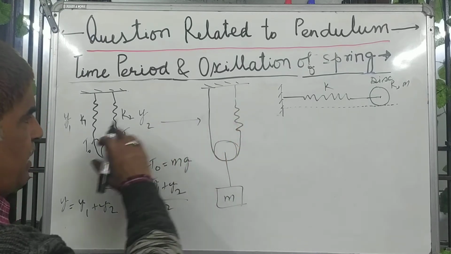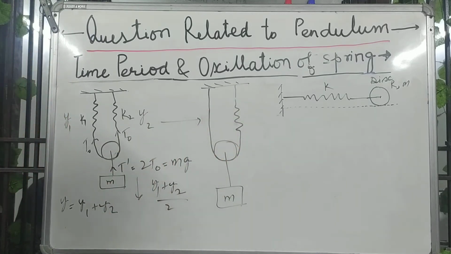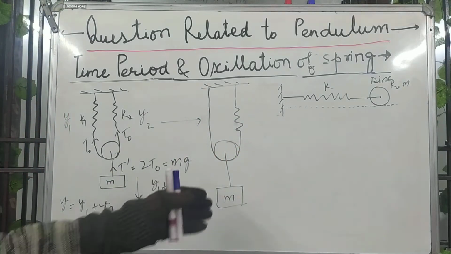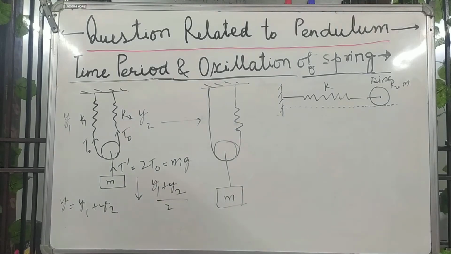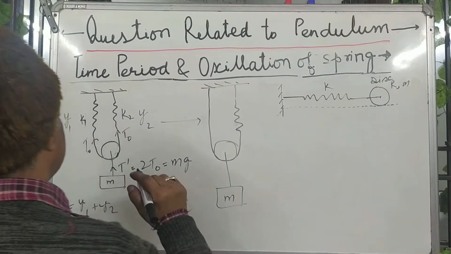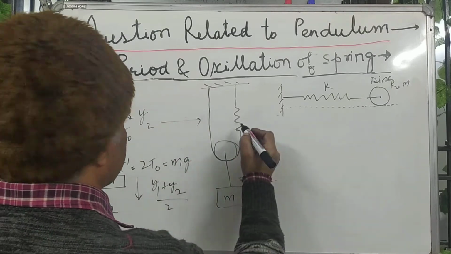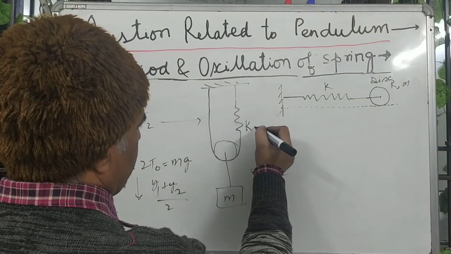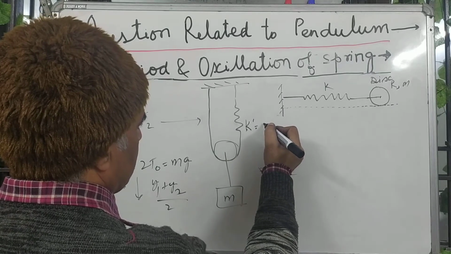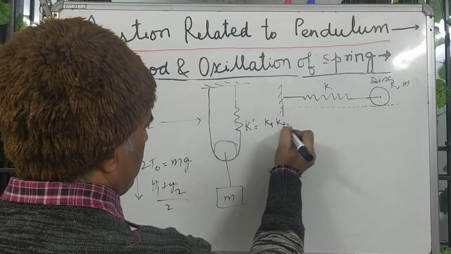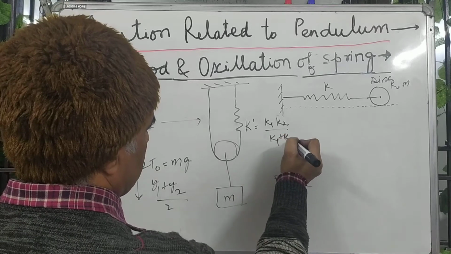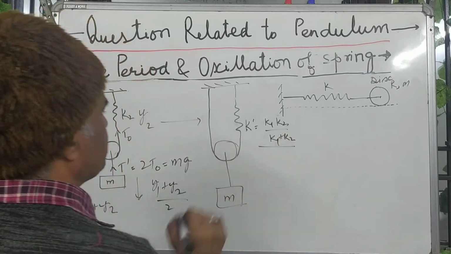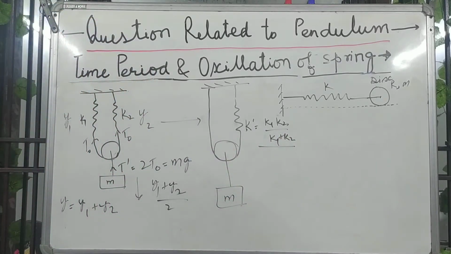I have written this ditto and modified it, and you have to find the time period of this. Keep in mind this is a series combination and here K dash is K1 K2 upon K1 plus K2.